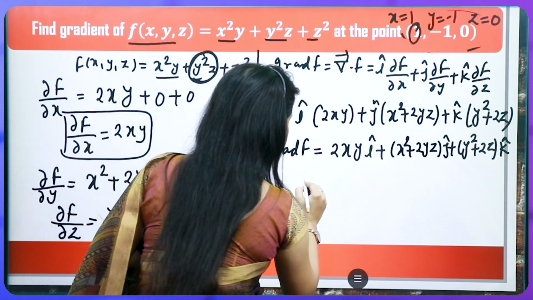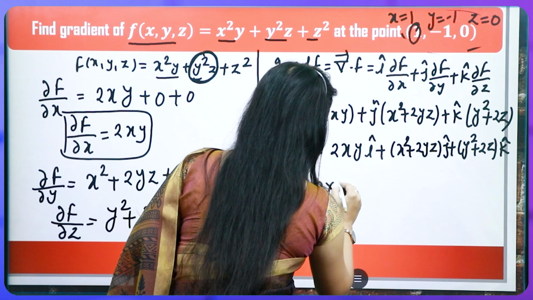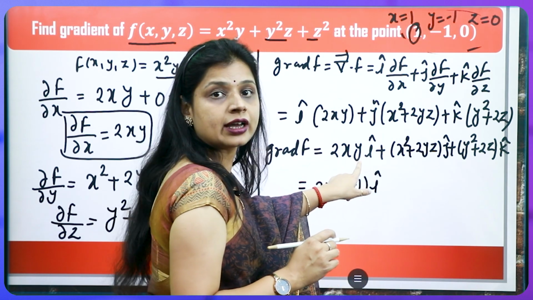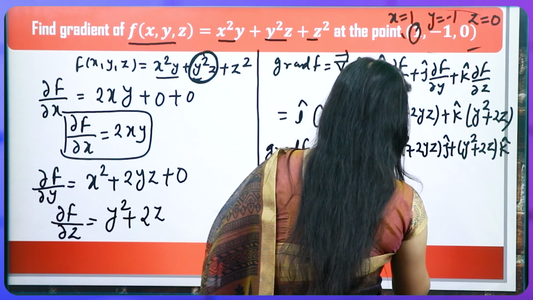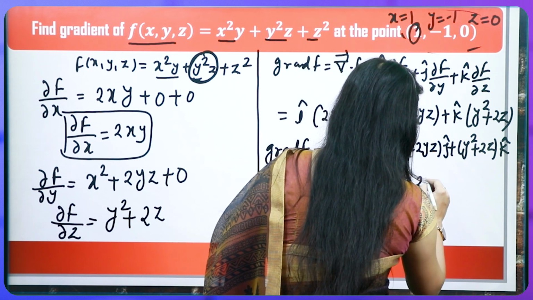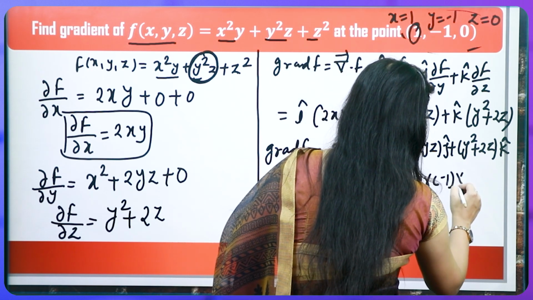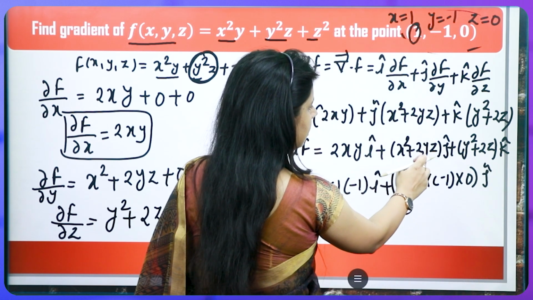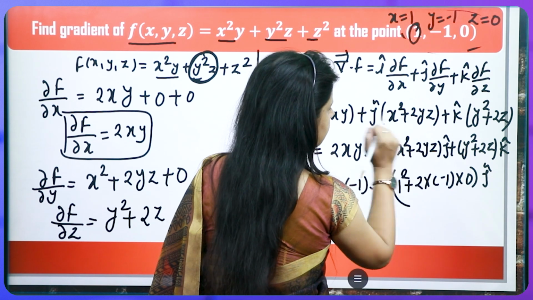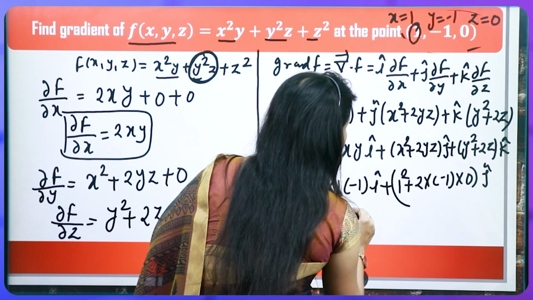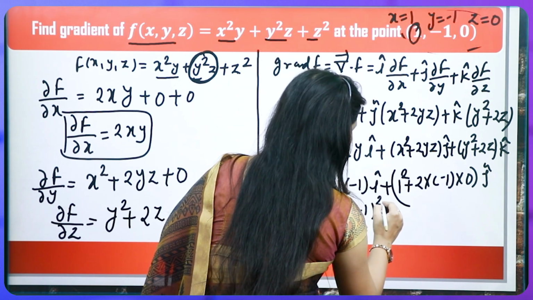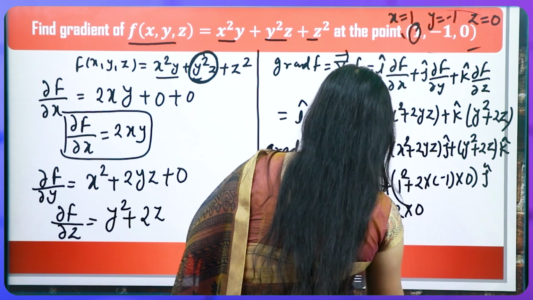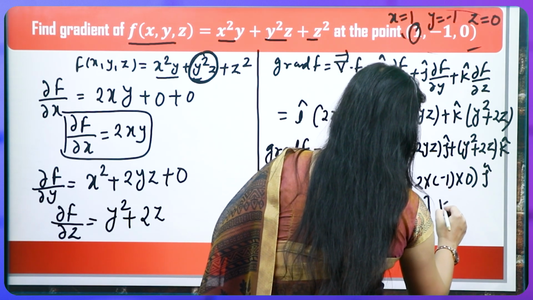So, we will get 2 into 1 into minus 1 of i cap, x is 1, y is minus 1, plus 1 square plus 2 into minus 1 into 0 j cap, x is 1, y is minus 1, z is 0, plus y square, that is minus 1 square, plus 2z, 2 into 0 of k cap.